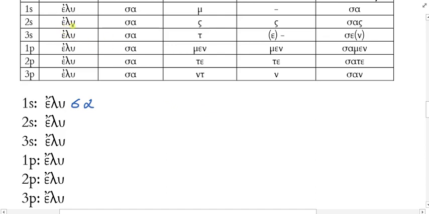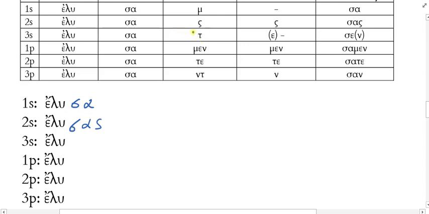The second form is elu plus the sa, and then the second singular is just the sigma. And thankfully, there are no modifications that happen. So it's elusas. Elusas. You loosed. For third singular, elusa should have gotten a tau on the end.